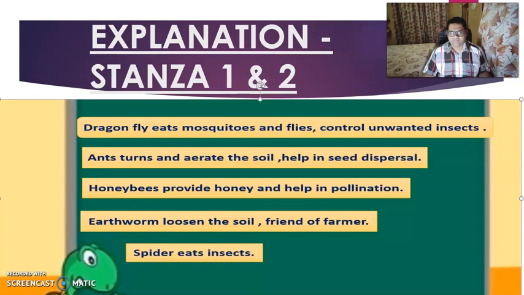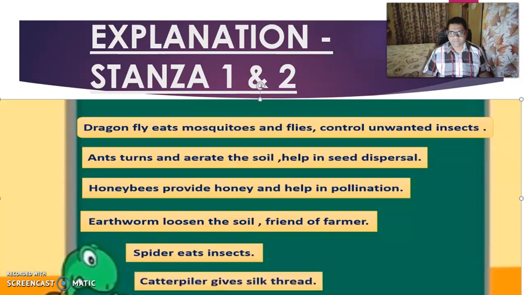Spider eats insects. Caterpillar gives silk thread. Now each of these insects, unless you harm them, they are not harmful to you. Right? So the poet, when he observed this type of insect and human behavior, a thought came in his mind and he wrote a poem, The Worm.